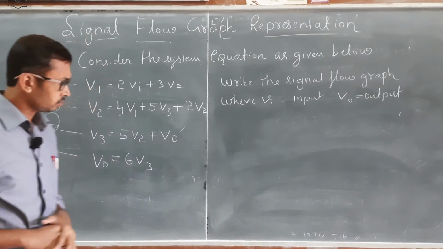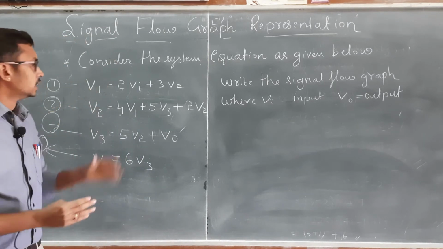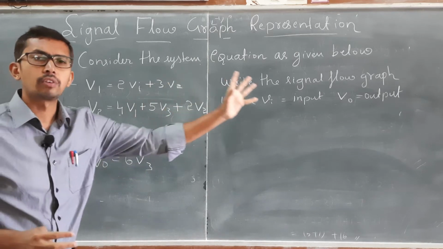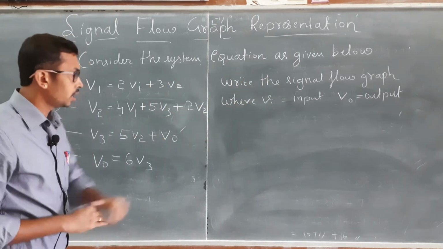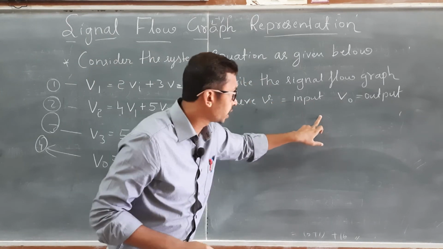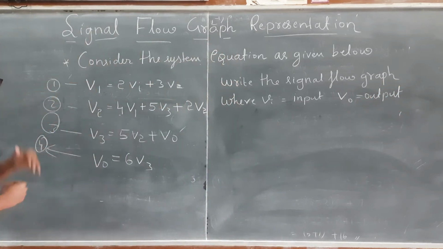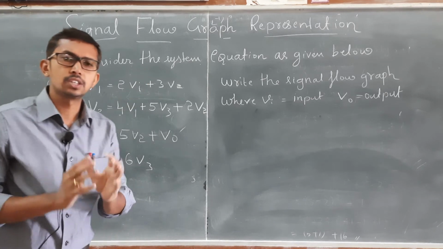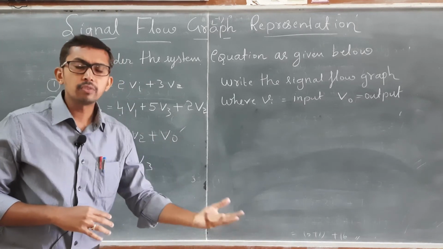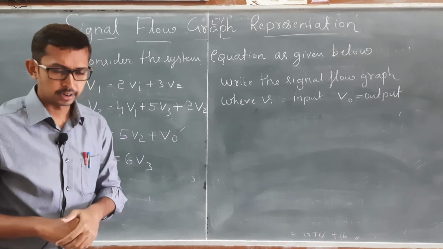Now we are going to write these equations in terms of a graph, where Vi is an input variable and V0 is an output variable. These equations consist of both dependent variables and independent variables.